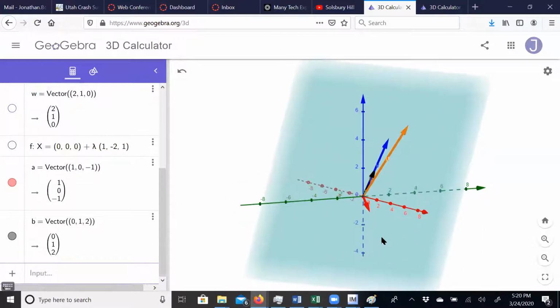So actually the 1, 3, 5 vector with the 0, 2, 4 vector is a basis for the same space, the same plane, as the vectors 1, 0, negative 1 and 0, 1, 2. So these two pairs are bases, different bases, but for the same space.